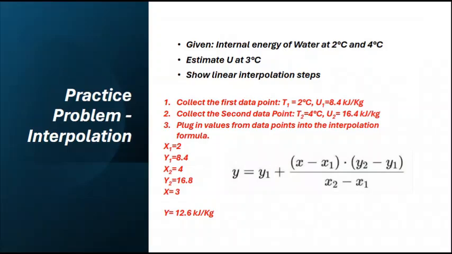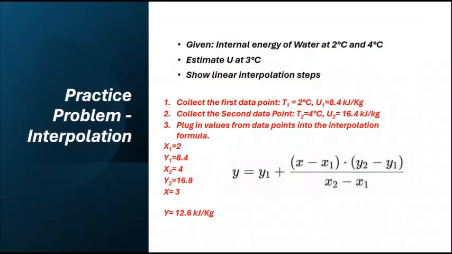The first step is our first data point, T1 at 2 degrees Celsius, and the internal energy correlated with that temperature. Then we find the second data point, for the second temperature, which is 4 degrees, and also the internal energy at that temperature.